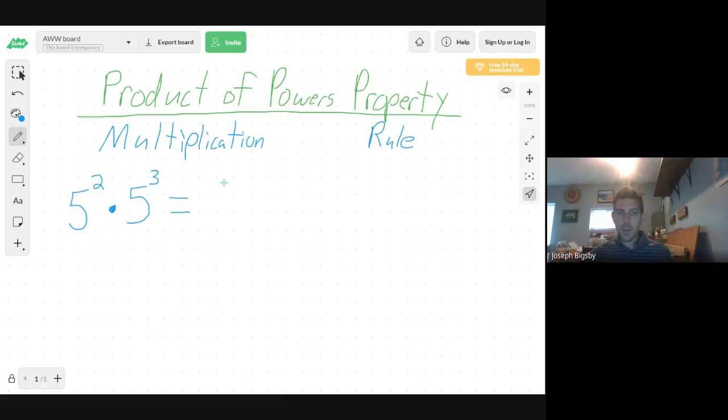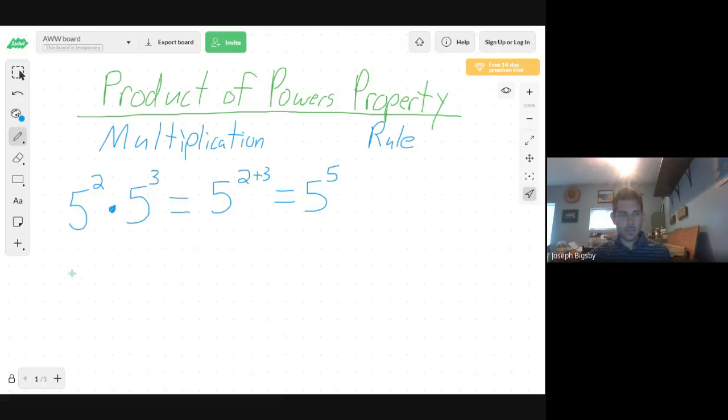There's now 5 total 5s. And so our rule is going to be to take those two exponents, the 2 and the 3, and add them together. That's going to give me a total of 5 5s. The product of powers property rule is that when you have like bases, you add their exponents.